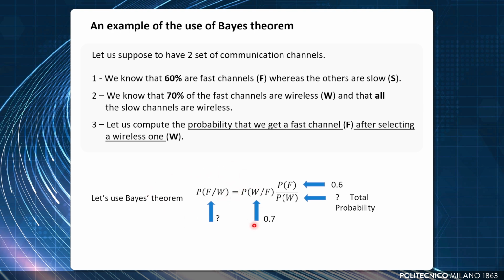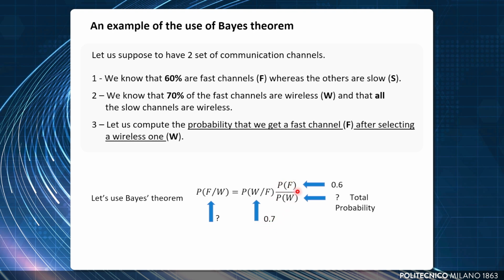This probability is not easy to compute directly, but we can use the Bayes' theorem. By reverting the conditional probability, we can write that the probability of F given W equals the probability of W given F, and this is given by our problem, because we know that 70% of the fast channels are wireless, so here we have 0.7.